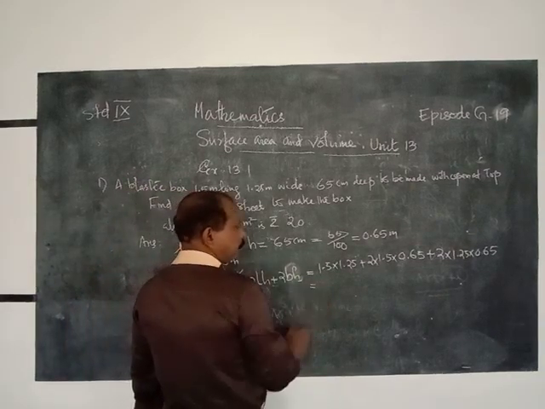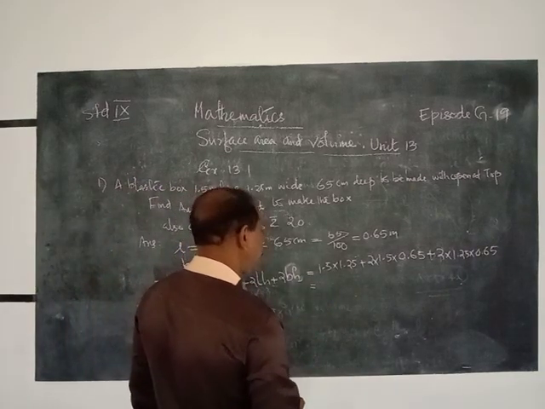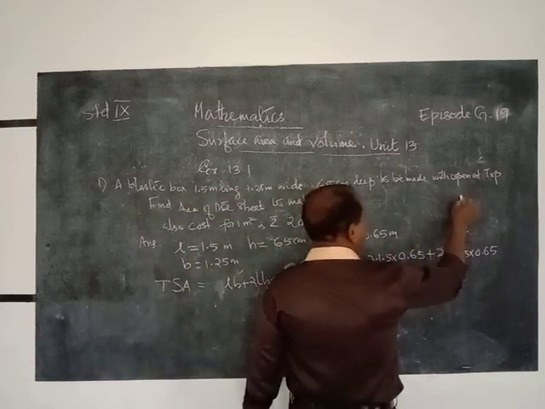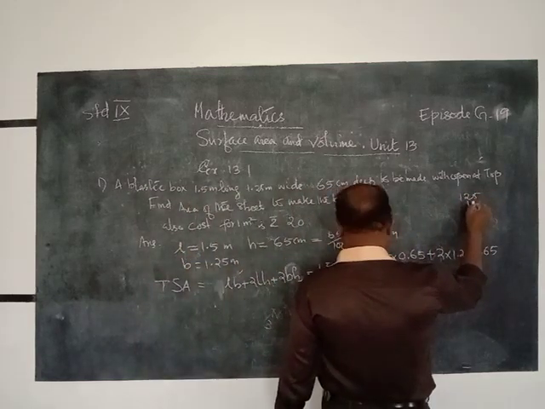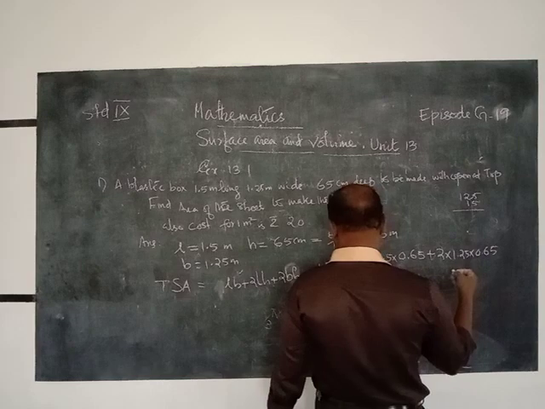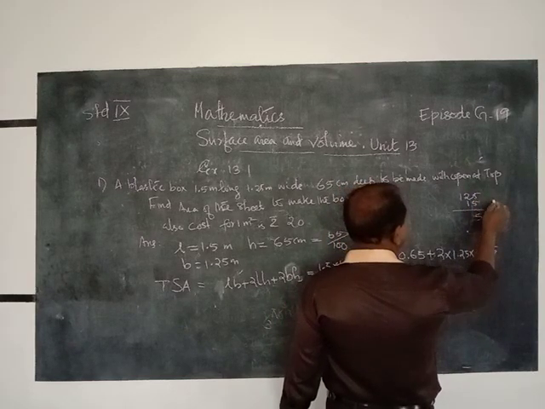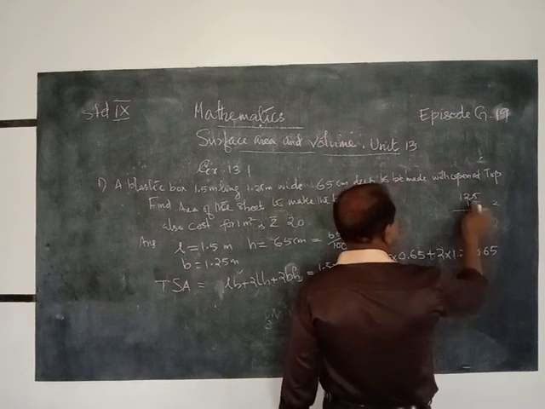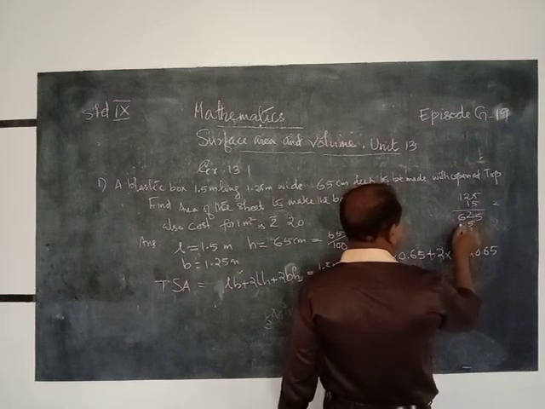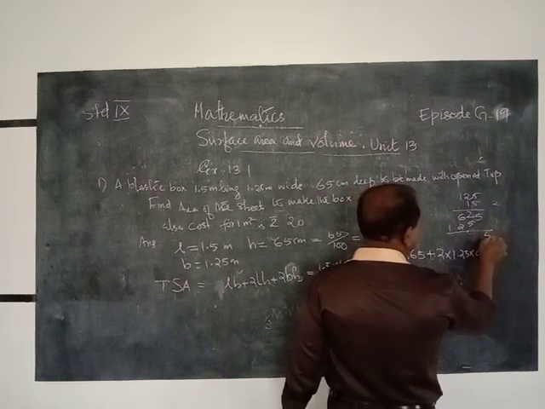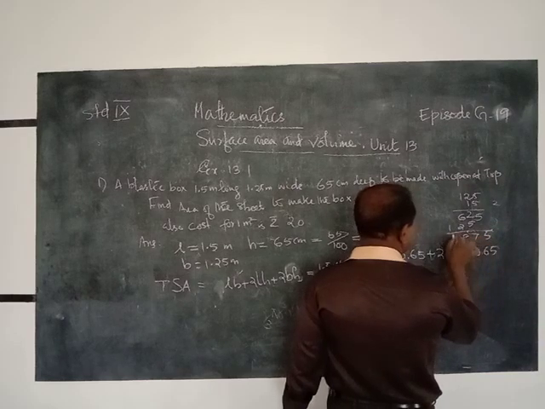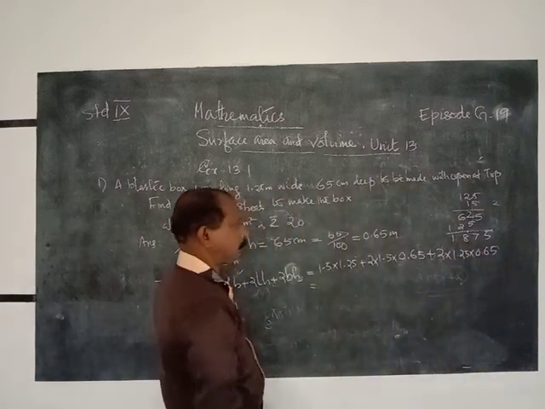Is equal to 125 into 15. How many decimals? 3 decimals.